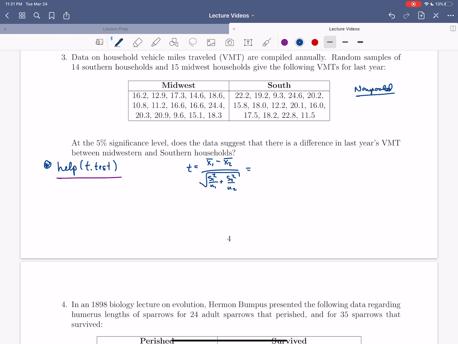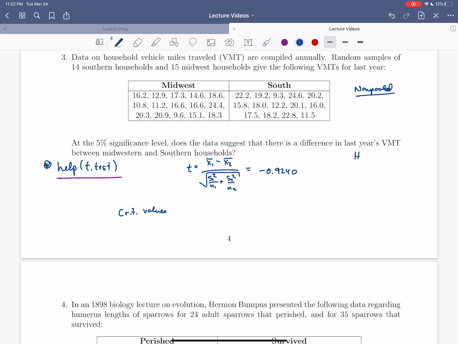And it turns out that when you compute the means, the standard deviations, we know the sample sizes, what we're going to get for our t-value is going to end up being negative 0.924. And then we need to compare that to our critical values. Remember that what we're looking at is we want to know, is there a difference between the Midwestern and the Southern households? Just is there a difference or not?